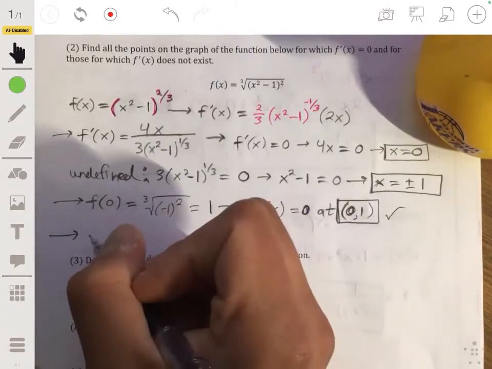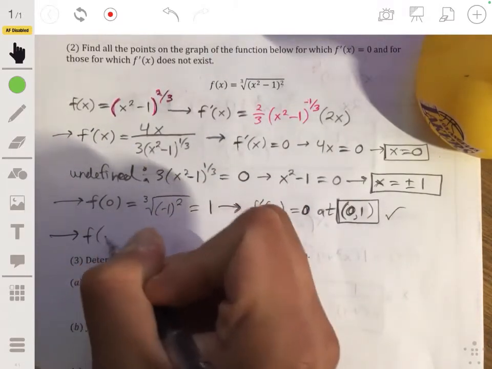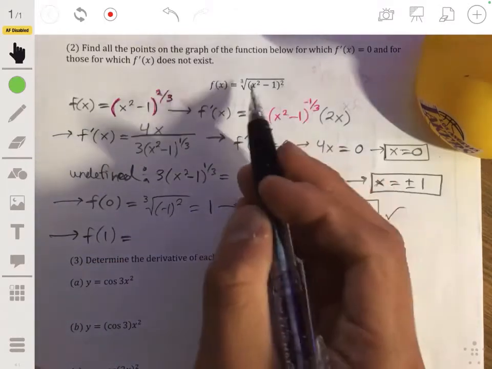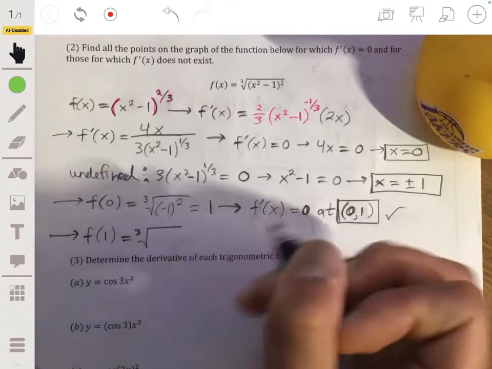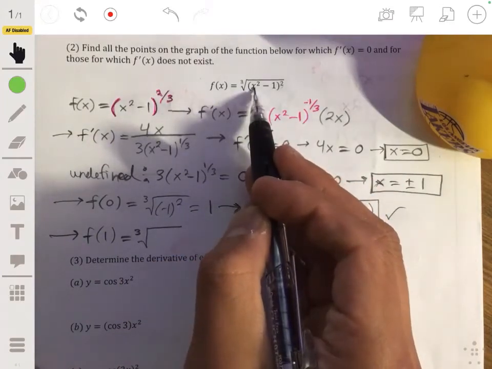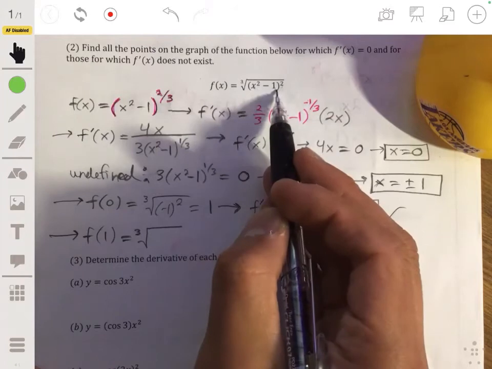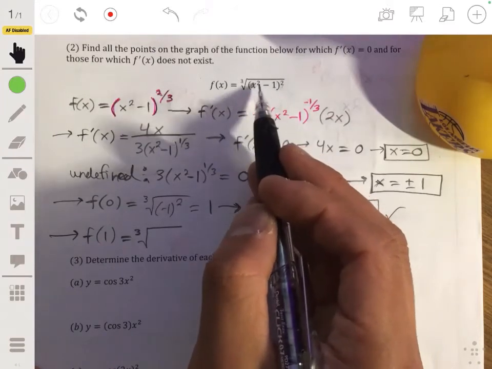And let's write what those are. So f of 1 will be equal to the third root. Okay, well, you can see they'll both be equal to 0, because you're going to have 1 squared minus 1, which will be 0, and negative 1 squared will be 1 still.